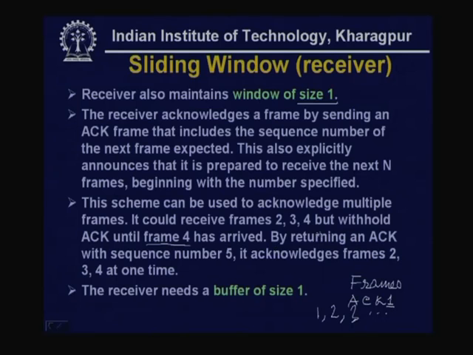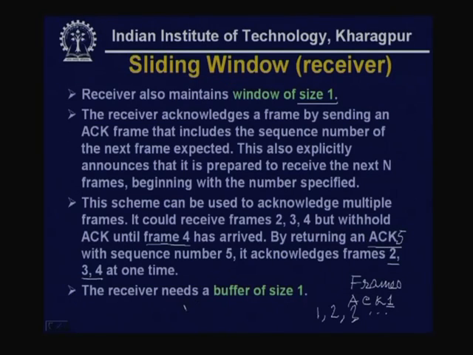Now, by returning an acknowledgement like ACK 5, with sequence number 5, it acknowledges frames 2, 3 and 4 at one time. That means, by sending a single acknowledgement ACK 5, it serves the purpose of acknowledgement for 3 frames, namely 2, 3 and 4, and obviously the sender will now transmit frame 5.